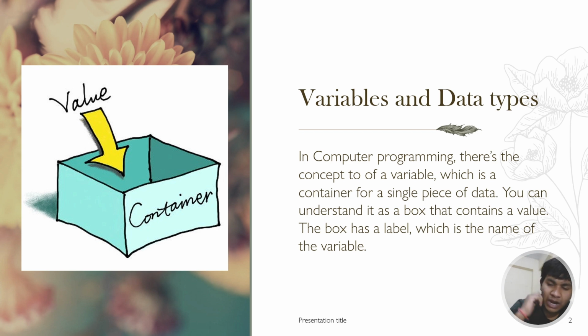And if you want to update that value, you have to go and change that value 10 times. But if you're using a variable, you just need to change the value one time, at the place where you are declaring that variable, and it will change in the whole code. So that is the benefit of using variables.